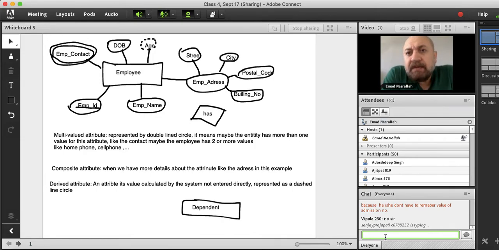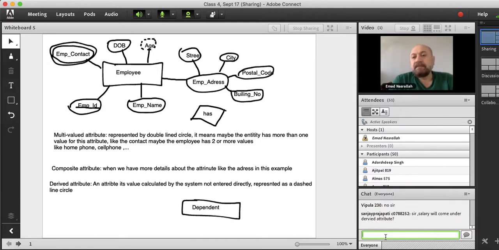It's not about whether the data entry person will remember or not. It's about whether the data is a fixed value given to the data entry or not. Suppose I'm the data entry person and I'm entering data of a student. I will get the data from the student, right?